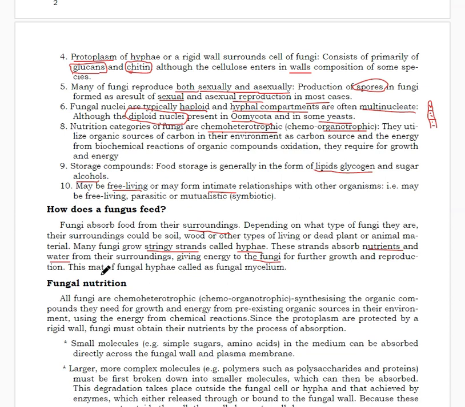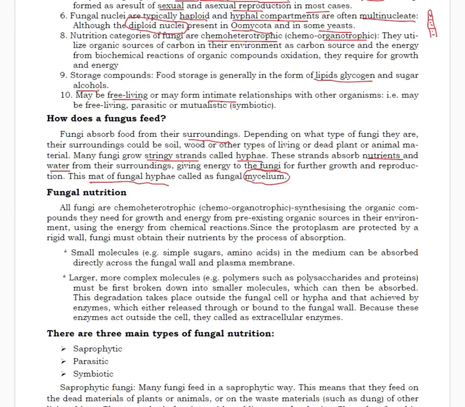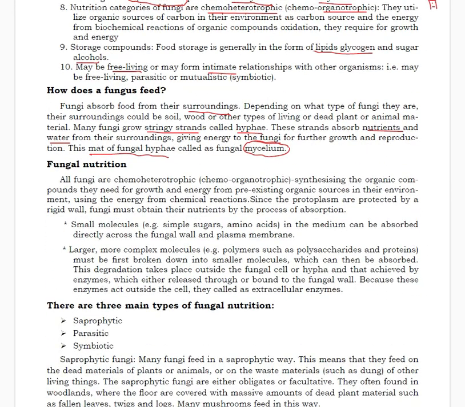This network of fungal hyphae, hyphae in clusters, is known as mycelium. Generally they aggregate and form the network known as fungal mycelium. These terms, hyphae and mycelium, are very common. You will find them repeatedly. I'll be repeating this, so please remember hyphae and mycelium.